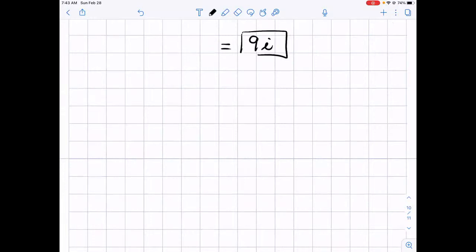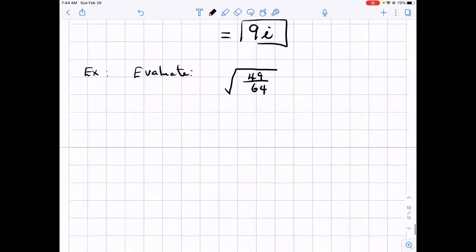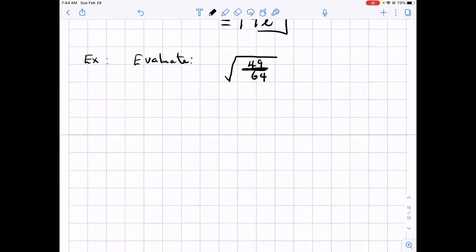Likewise, how about if I gave you something with a root that's a fraction, 49 over 64. So keep in mind, since all of this is under the root, it's the same as the square root of 49 over the square root of 64.